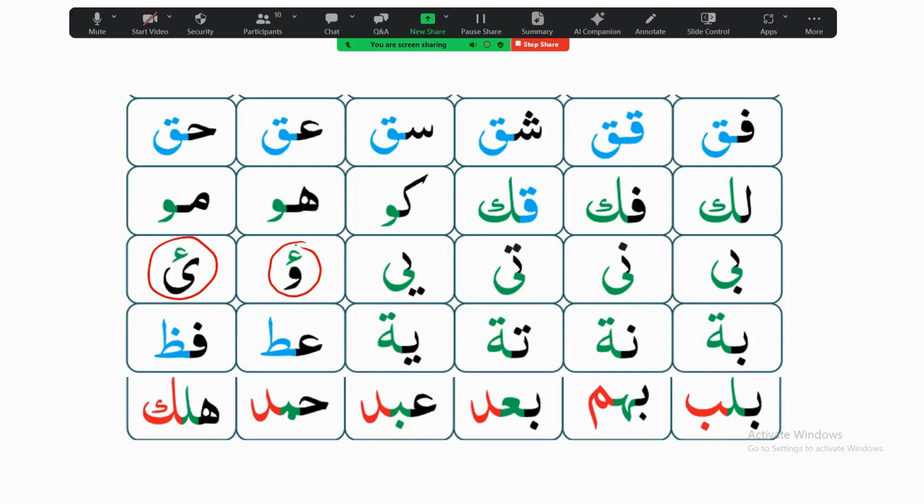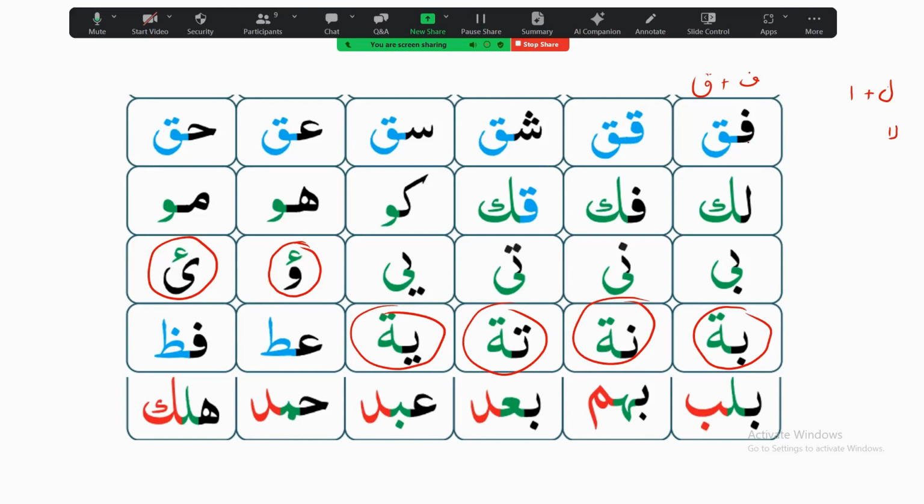Let's talk about these. Why I'm marking these is because of a certain reason. You see a hamza here and a waw here. In all of the other cases, the letters were joined in this way. For example, we take lam and alif, so we say la, or we took this fa letter and joined it with the qaf letter.